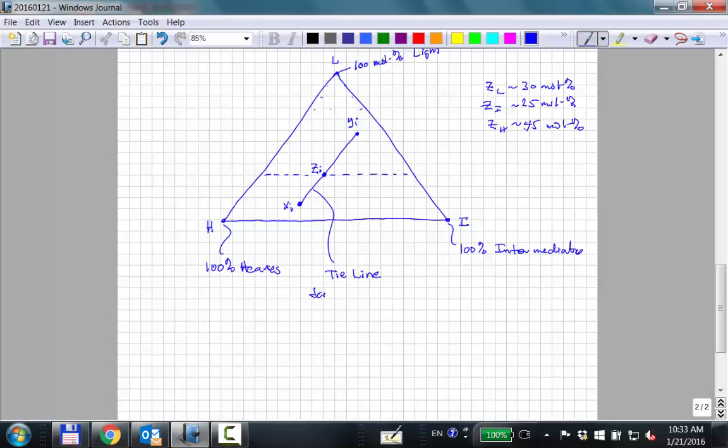It joins the equilibrium gas, Yi, and the equilibrium oil, Xi, and the total mixture, Zi. Okay?